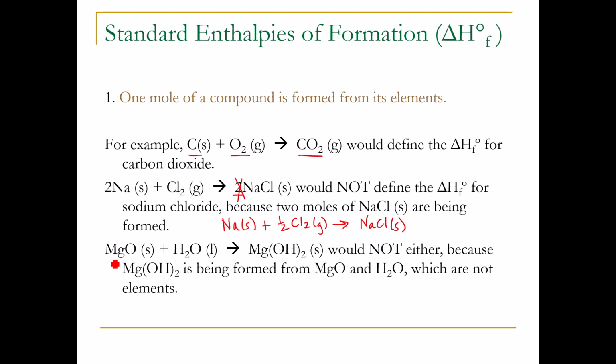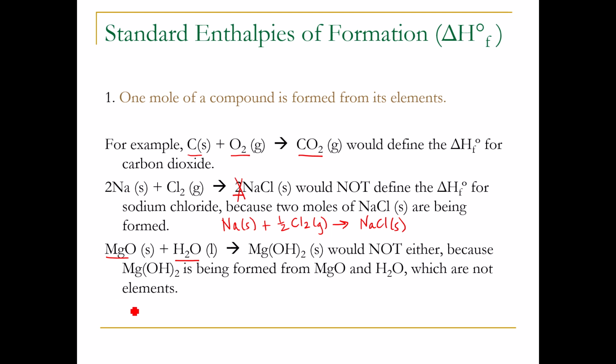Other example down here, MgO solid plus H2O liquid to give us MgOH2. This is not a heat of formation because both of these are compounds. MgO and H2O are compounds. We can only have elements on the left side.